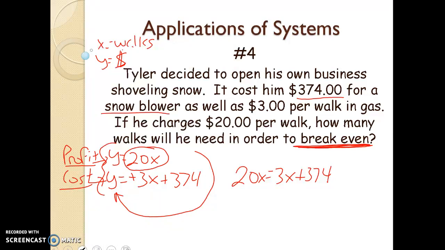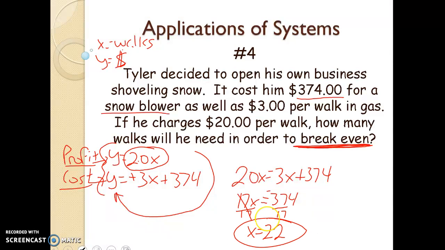So we have solved this equation already just by writing the equation like this and not setting it up as a system. But now we can solve this for x. I can subtract 3x from both sides. And so if I do that, 20x minus 3x is going to be 17x, and that's going to equal 374. And then I'm going to divide by 17, and when I divide by 17, x is 22.